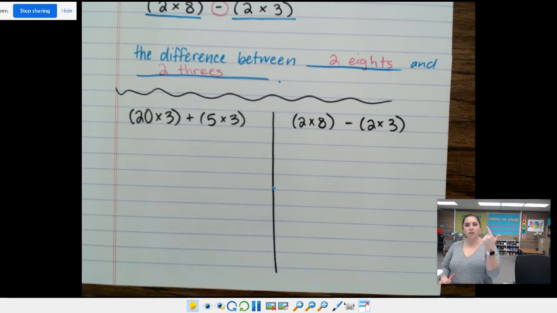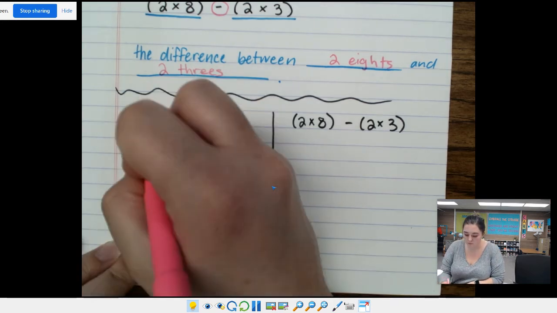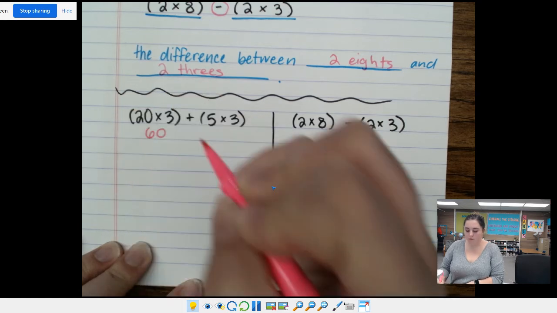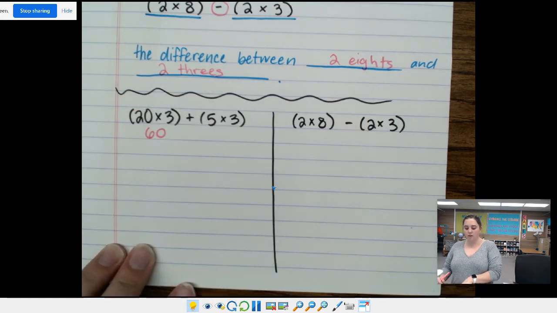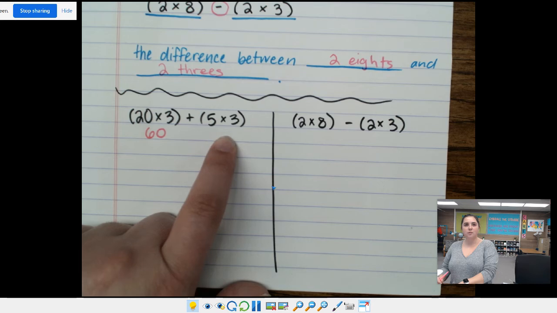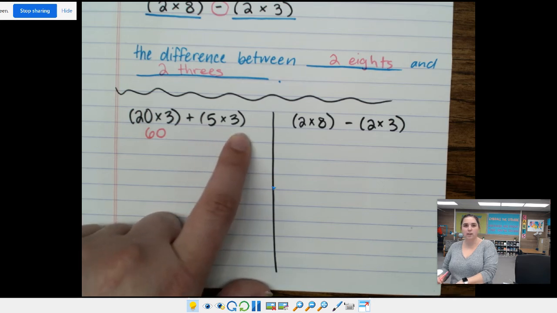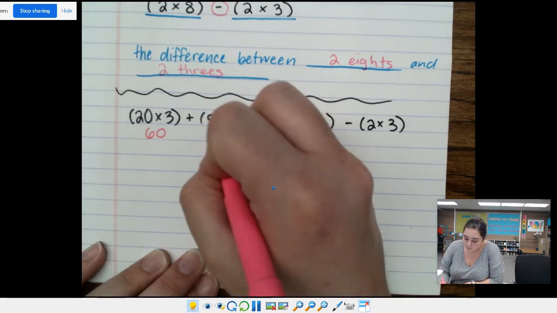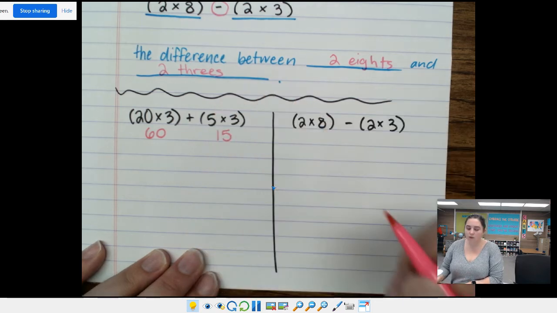20, 40, 60. What about this parenthesis? 5 times 3 is 15.